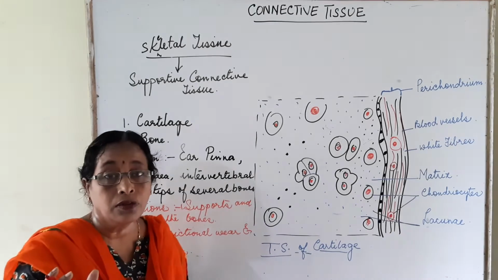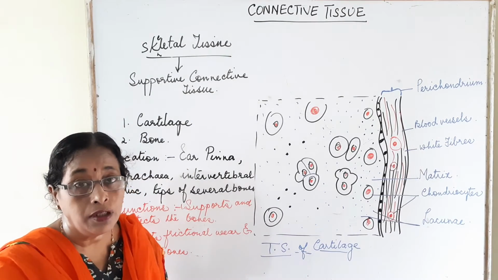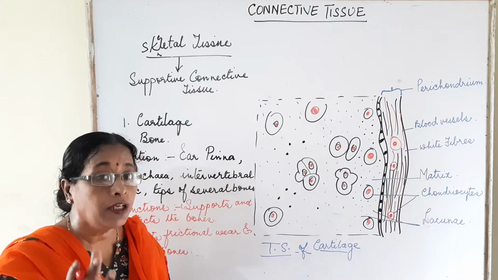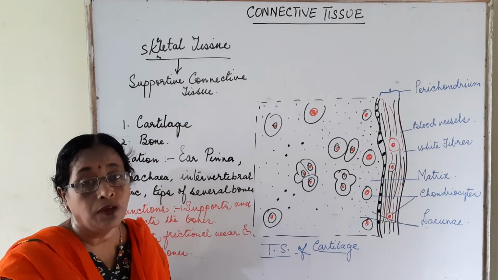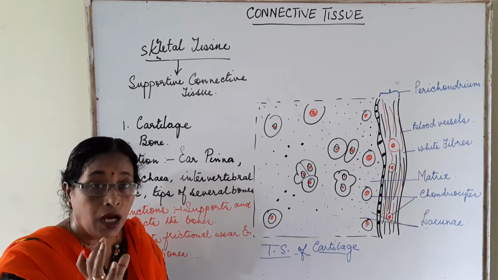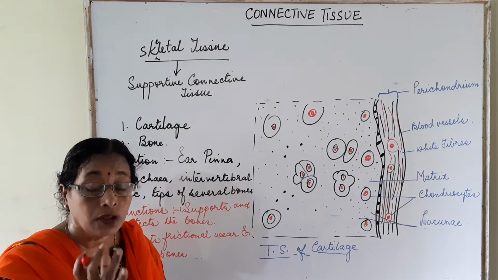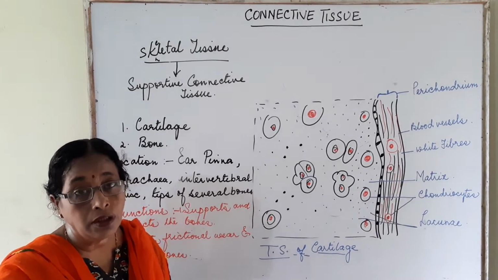Cartilage is present on the tips of several bones, so it prevents the frictional rubbing, wear and tear and damage of the bones. It helps in articulating, that is in the movement of certain bones.